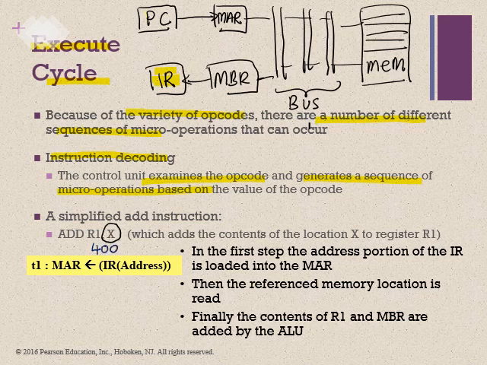So the address portion of the IR, the 400, will be loaded into the MAR.